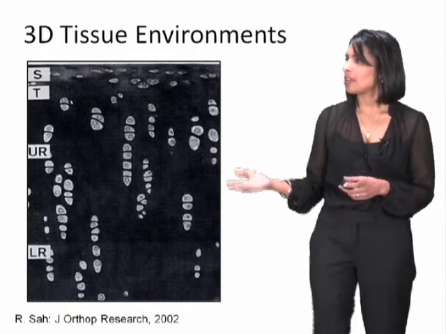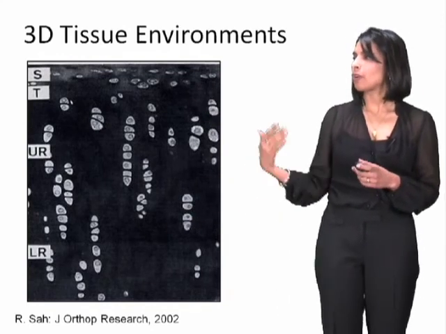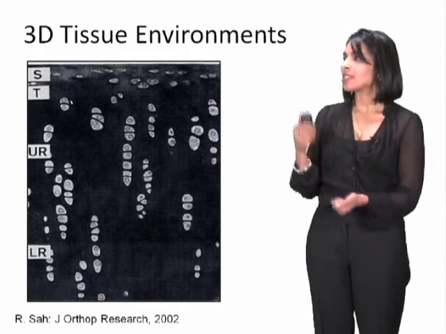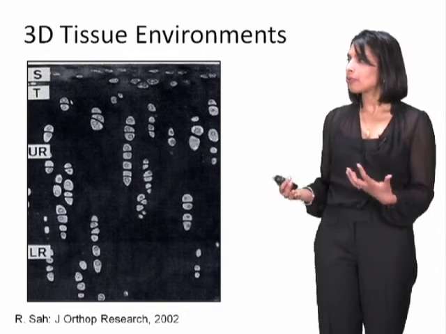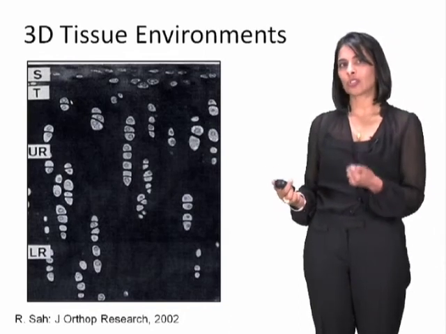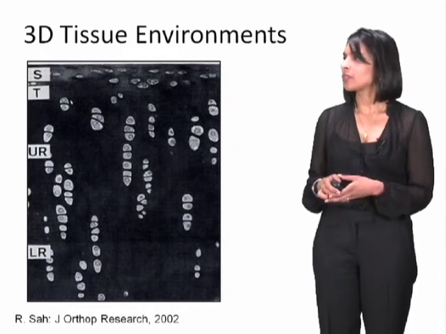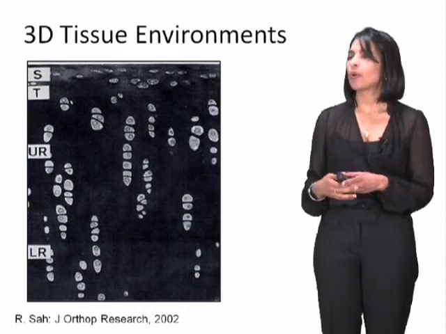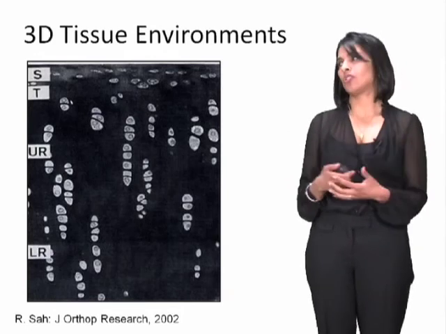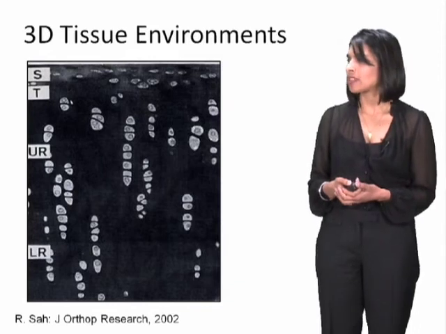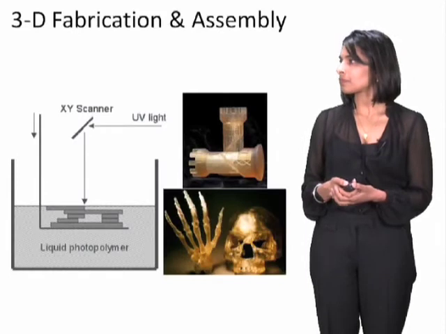In fact, if one embeds them in a three-dimensional microenvironment where they have this round shape and more favorable mechanical properties, and one stimulates them as they are stimulated mechanically in vivo, one can actually improve the quality of the extracellular matrix that they produce and therefore the mechanical strength of the graft. So this is just one example of a tissue where the three-dimensional organization of the microenvironment, in addition to the chemical composition of the microenvironment, is very important. And one will hear a lot about 3D tissue engineering in years to come.